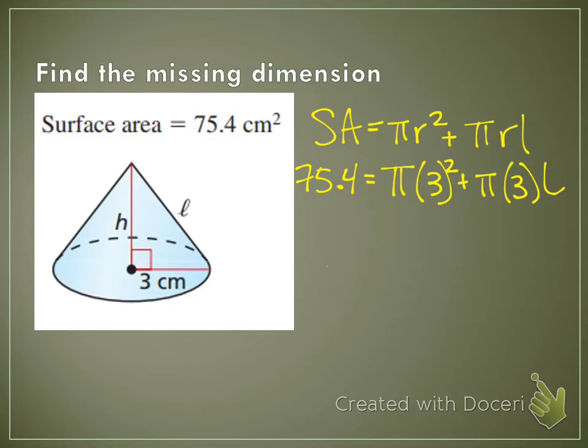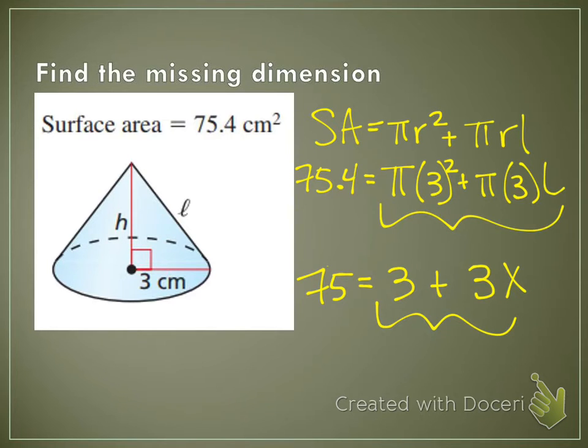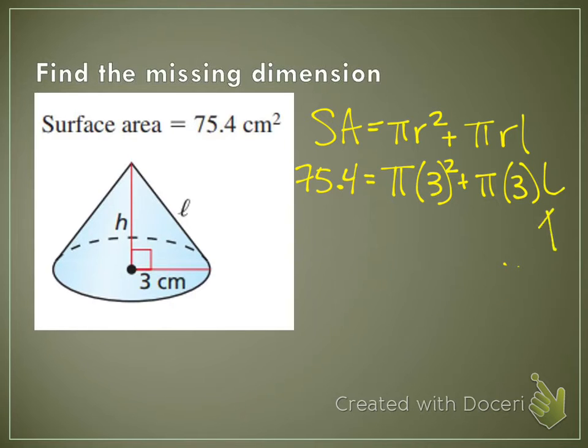If this was a number and it equaled another number plus another number times x, would you be able to combine these? No. So can you combine these? No. Because L is a letter, right? And pi is a number and 3 is a number. I know it looks more complicated, but you can't combine these. You gotta drag it down.